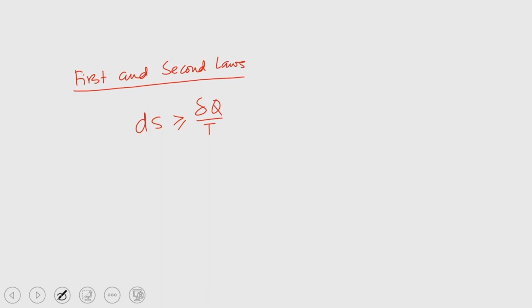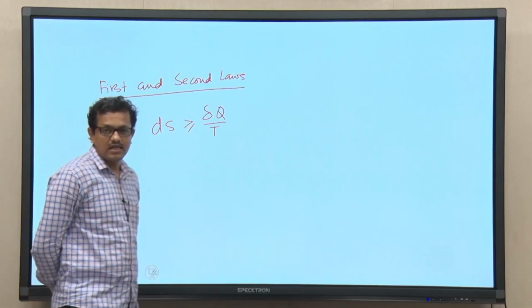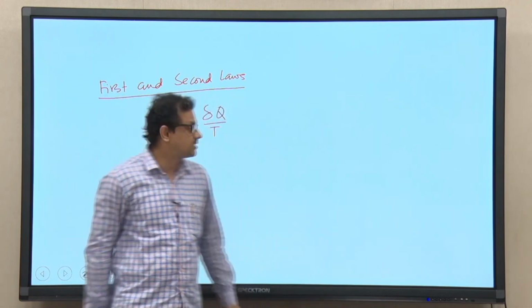We have studied that the equality sign is valid for the reversible process, whereas the inequality sign is applicable for the processes which are irreversible in nature.